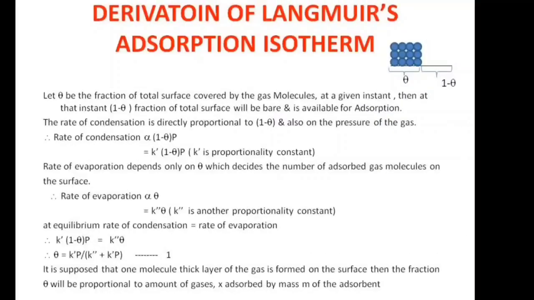Now let us discuss the derivation of the Langmuir adsorption isotherm. Let unity be the surface area and theta the fraction of total surface covered by gas molecules. Then 1 minus theta fraction of total surface will be available for adsorption.